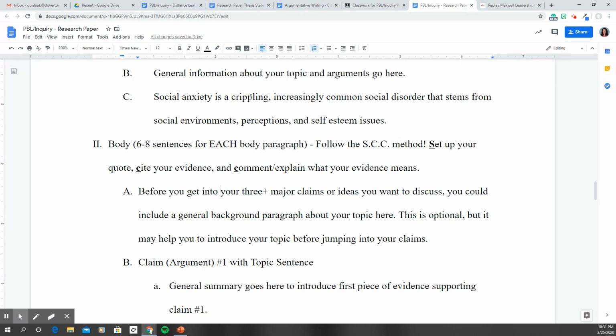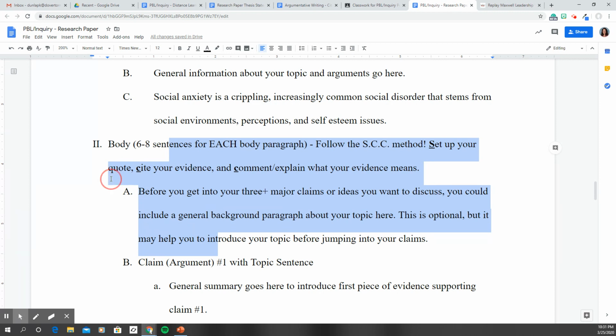How is it a crippling, increasingly common social disorder? He could give me an informative paragraph here about what it is, how we diagnose for it, how common is it, and then go into his 3 main ideas there. Something to think about, okay?